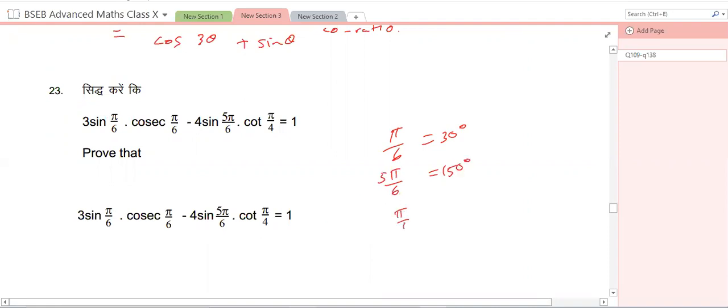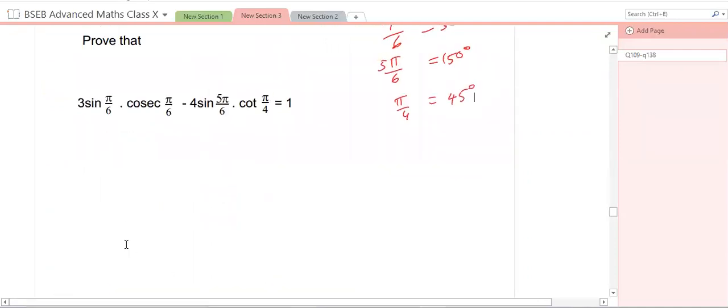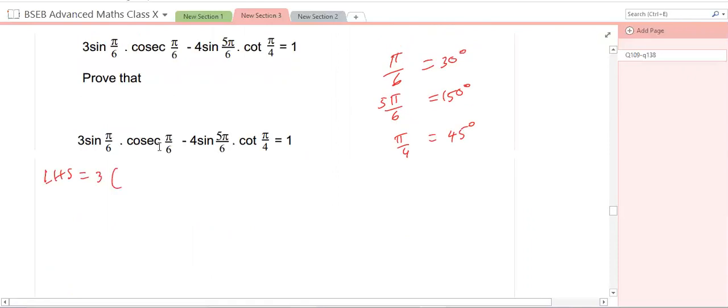And pi by 4 is equal to 45 degrees. Now, solving this, let us prove. We can say that the left-hand side is now equal to 3 sine of 30 degrees. What is sine pi by 6? 30 degrees.